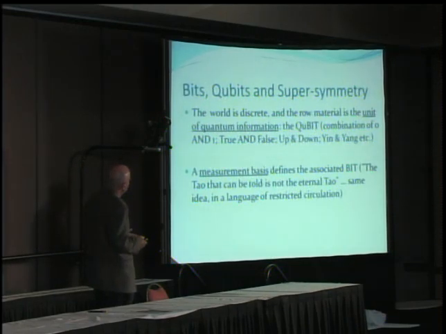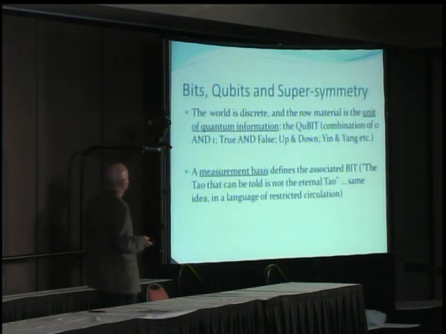So, as a conclusion, the world is discrete, quantum, and the material world is essentially, at the unit level, quantum information.